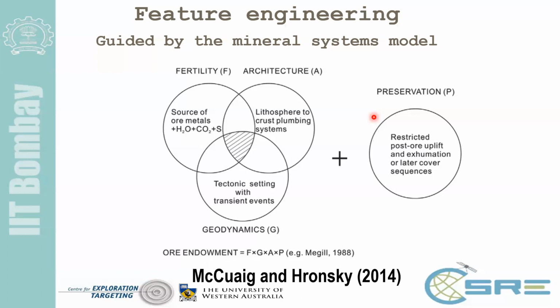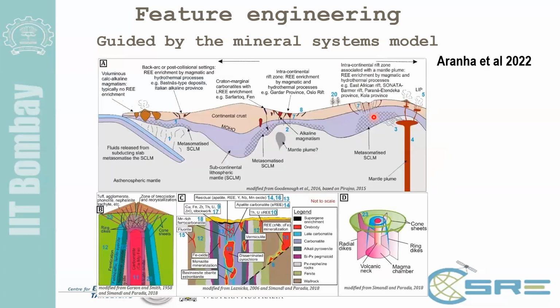This, of course, comes from Cam McCuaig and John Ronski. Now this is just an example, and I wouldn't get into all the details. It was done by Malcolm, sitting there, as part of his PhD thesis. So this is about critical metals.